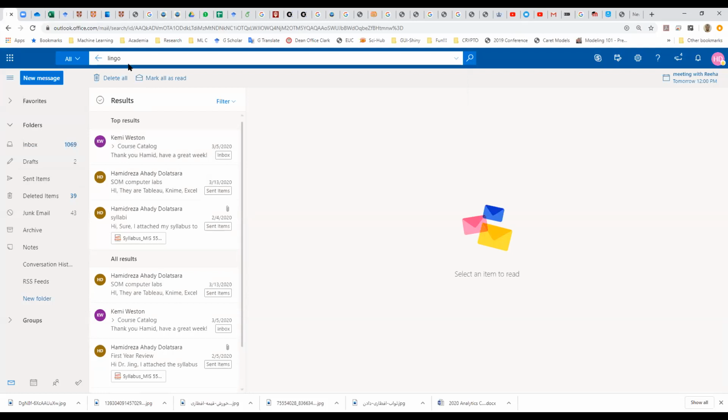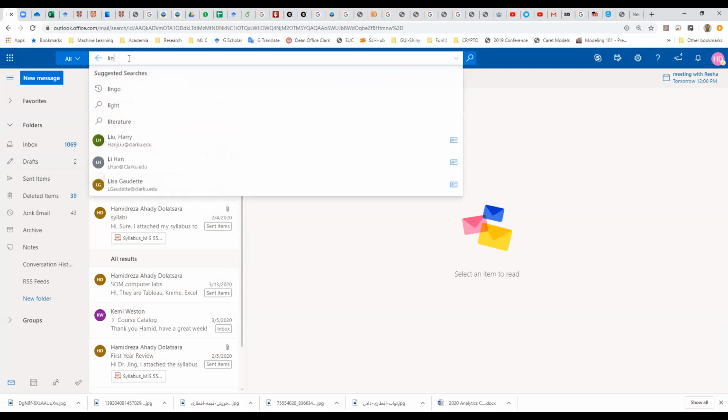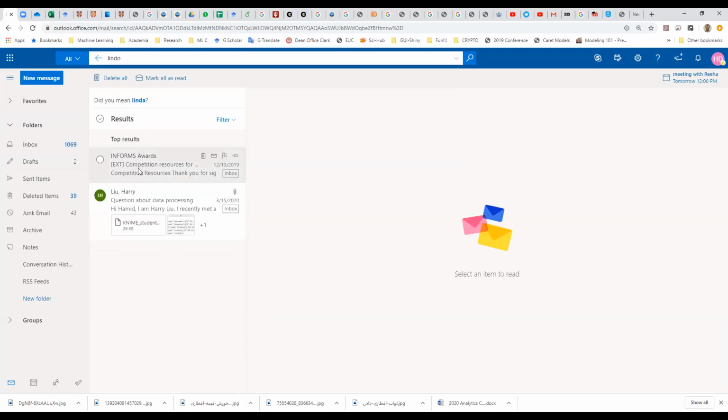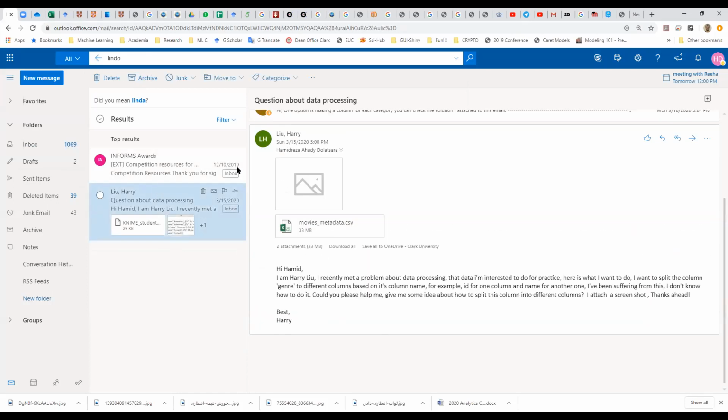Professor, it's asking for the Lingo license key in Windows. Okay, I see. Just a moment, because I already installed it without any license. Let me see the issue.